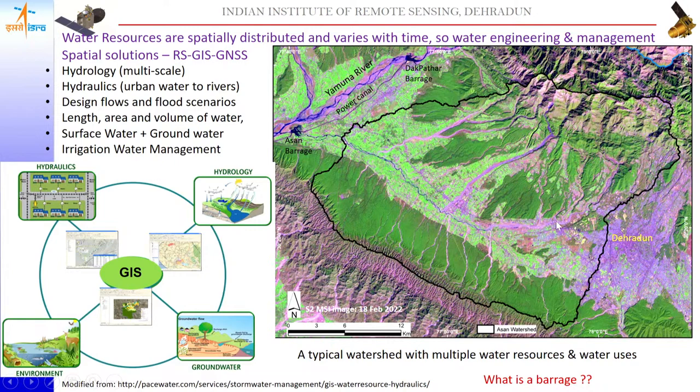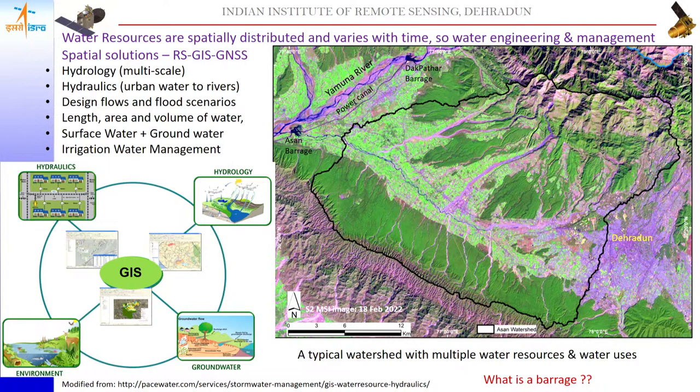And then there are some hydraulics problems which try to address the flow of water either in a small river or in a small stream, or in the urban drainage system, or in the case of an urban water distribution system. So all those problems can also be addressed.